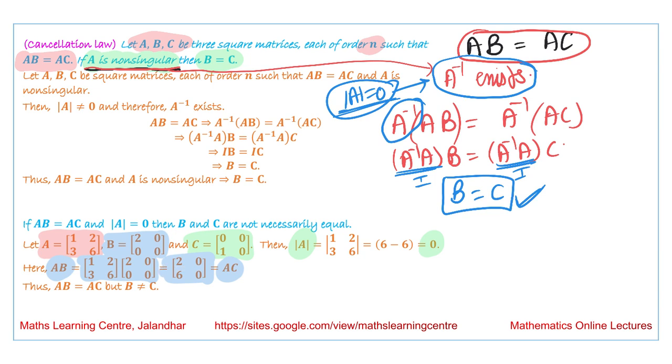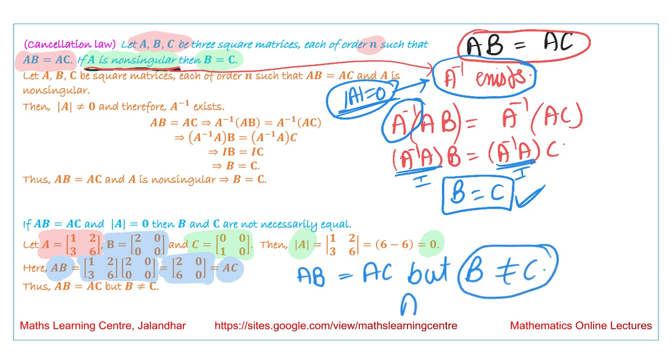We are saying in this case, AB is equal to AC, but B is not equal to C, and this is because A is not invertible. That is, determinant of A is equal to 0.